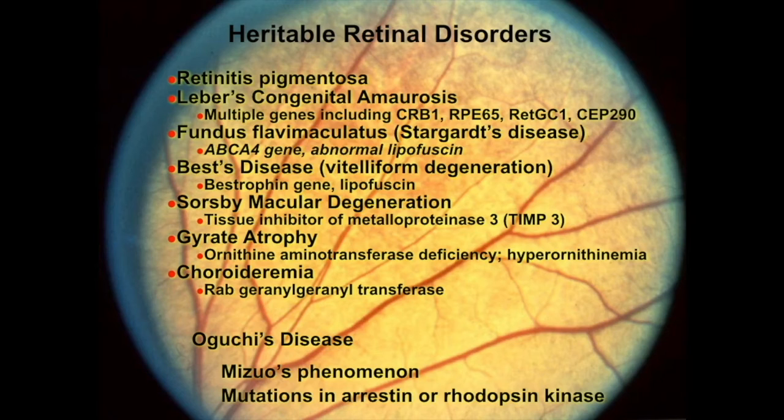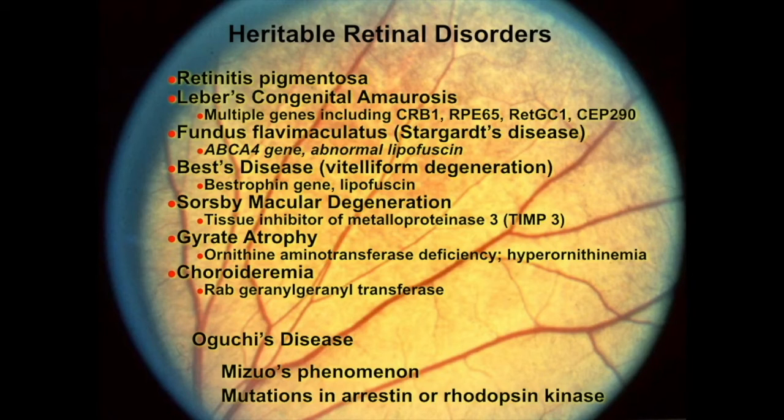The one you should remember is RPE65. This is the gene mutation that's currently targeted by FDA-approved gene therapy. There can be remarkable recovery of vision in dogs and people with this form of Leber's congenital amaurosis.